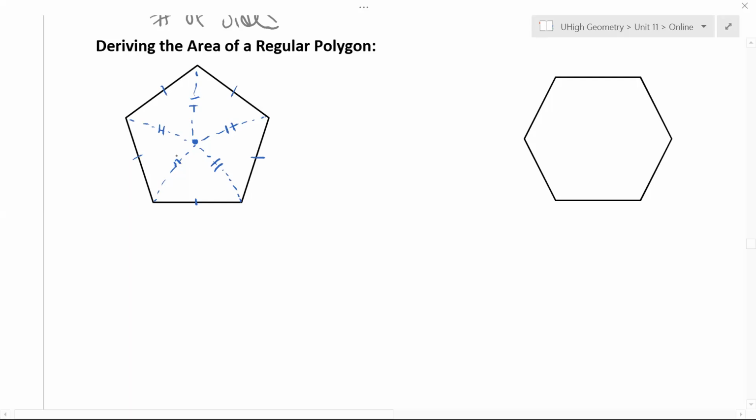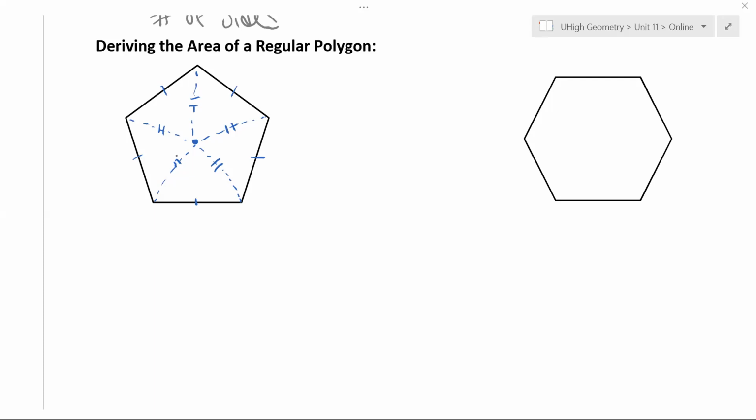So if I wanted to find the area of this polygon, I could find the area of each triangle and add it together, or the area of one of the triangles and multiply it by 5.